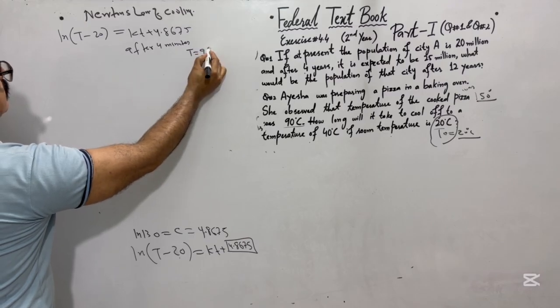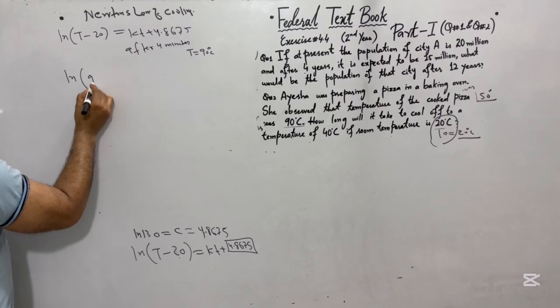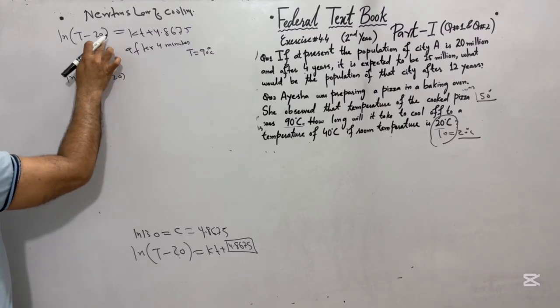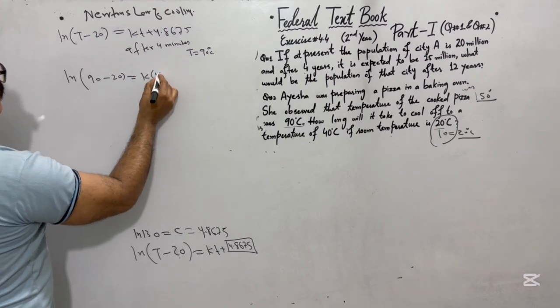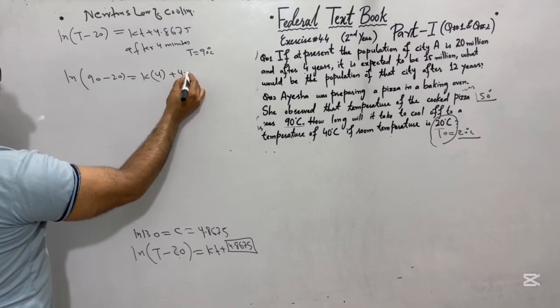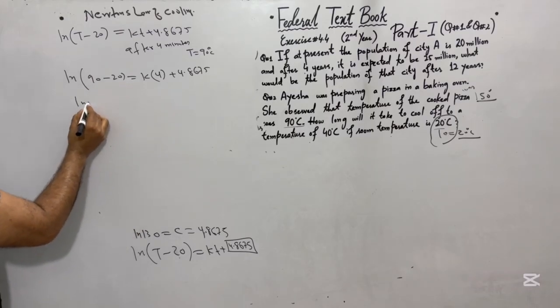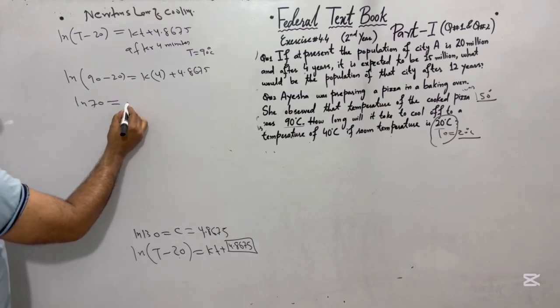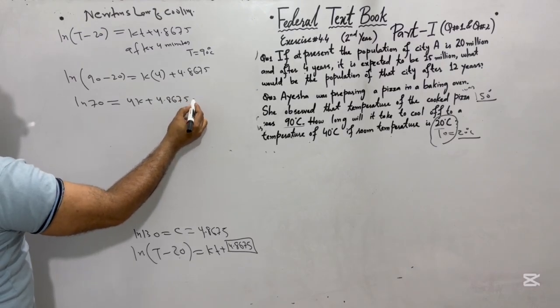Utilize this to get K. I have ln of 90 minus 20, the room temperature, equals K times 4 plus C, which we have already determined as 4.8675. 90 minus 20, that's ln 70 is equal to 4K plus 4.8675.